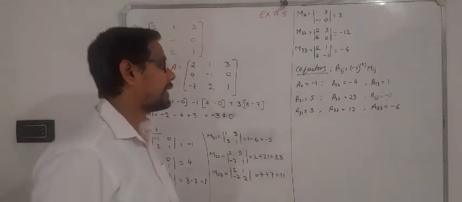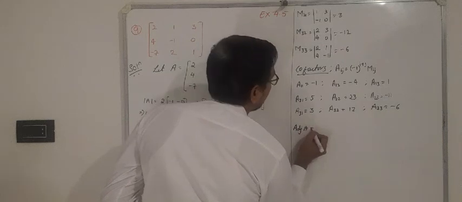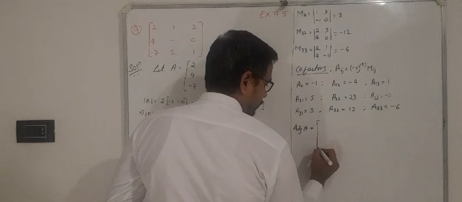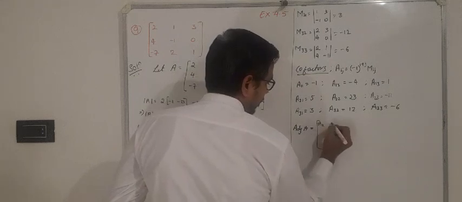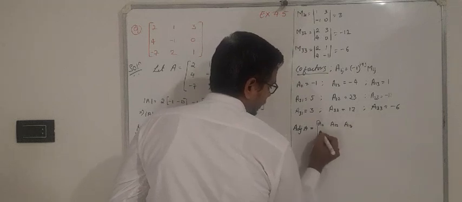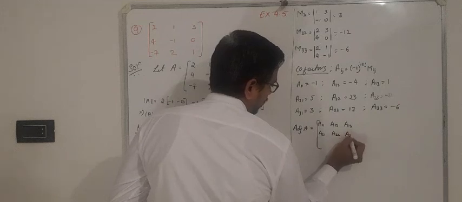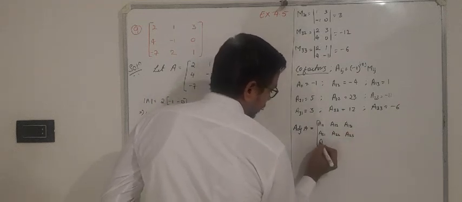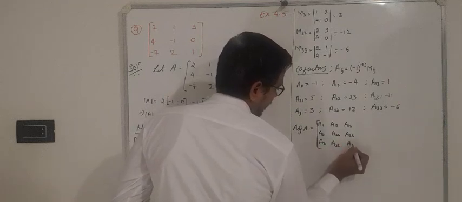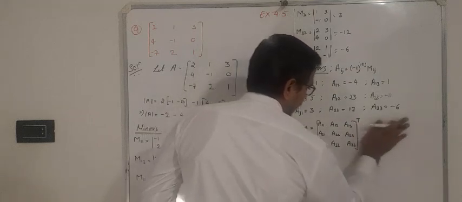So now I can write adjoint A as equal to the matrix A11, A12, A13, A21, A22, A23, A31, A32, A33, transpose, or dash also you can write.